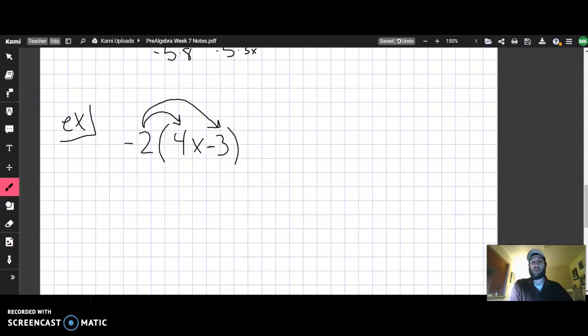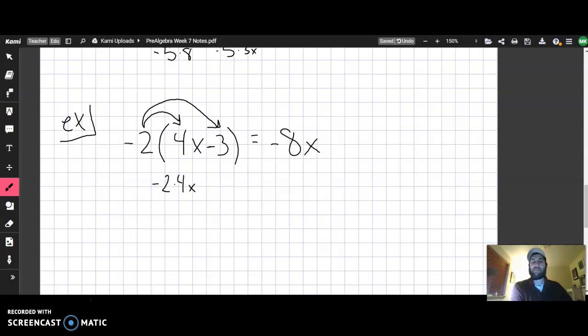what's being multiplied. And so negative 2 times 4 is the same thing as 2 times 4. 2 times 4 is 8. So negative times a positive is a negative, and negative 2 times 4x is negative 8x. We have negative 8x there.